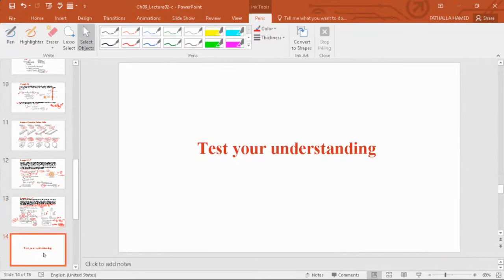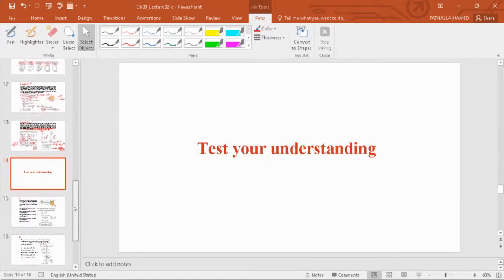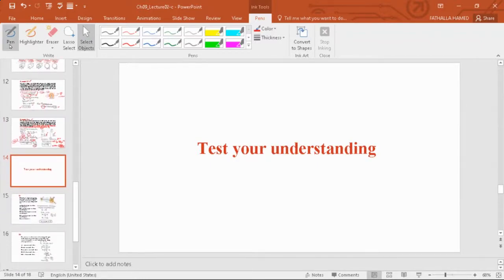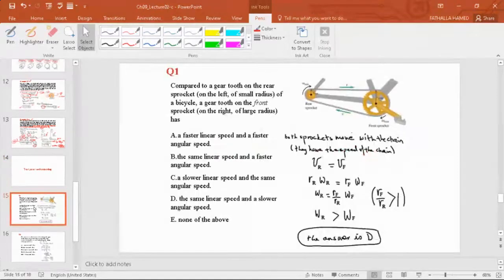All right. Let's take a couple of questions here to try to reason with how we make this relation between linear and angular.